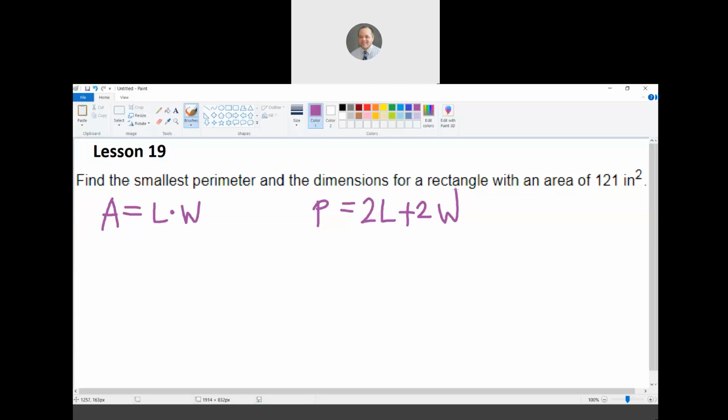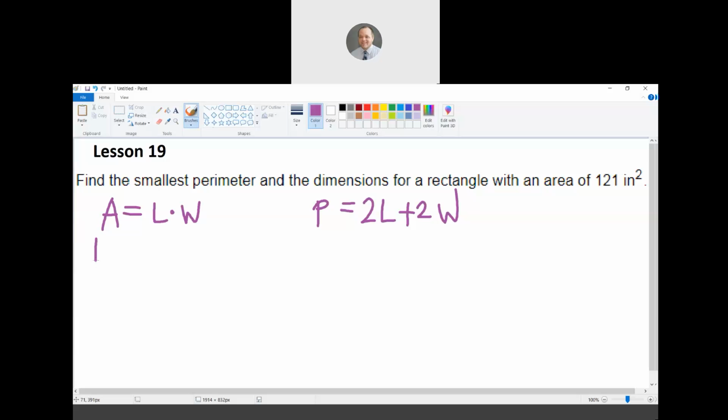Now, eventually, we're going to take the first derivative, but in order to take the derivative, we must have all the letters to be the same. So I'm going to use the area formula to get the letters to be the same.